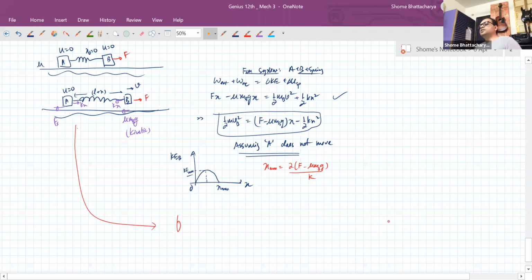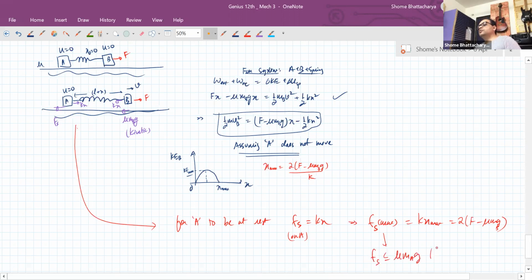So that means the maximum static friction acting on A is equal to 2 times (F minus mu mg of B). So this thing should be less than or equal to mu mg for A not to move.